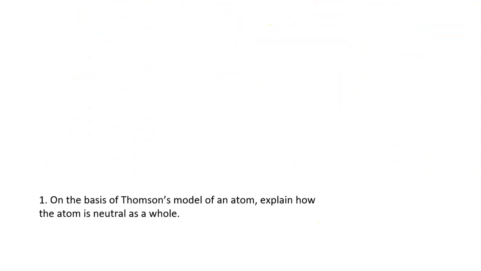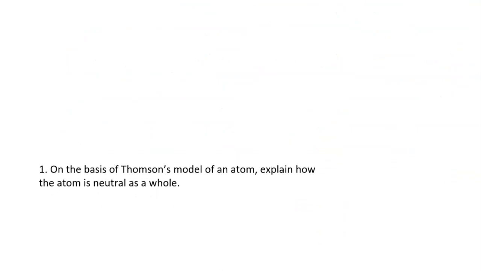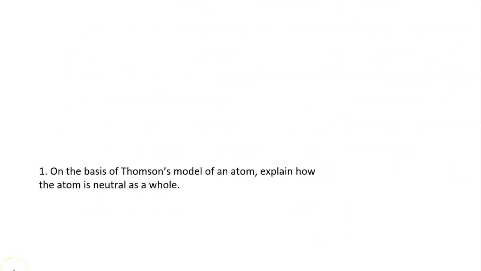Okay, let us do this first question. On the basis of Thomson's model of atom, explain how the atom is neutral as a whole. Neutral means it carries equal positive and negative charge.